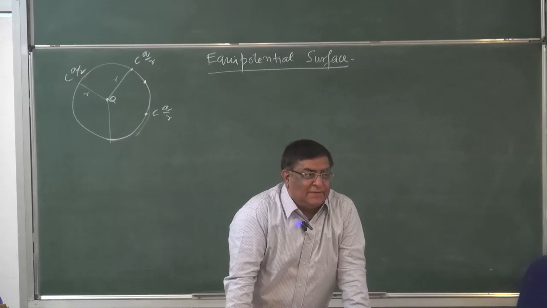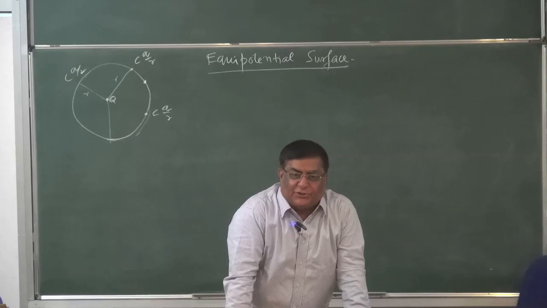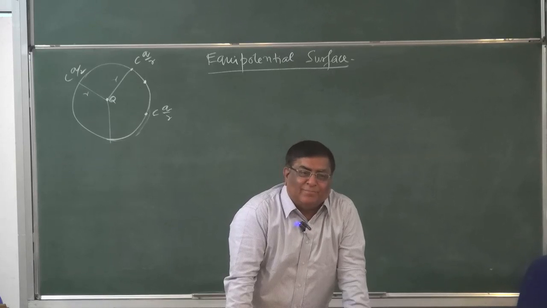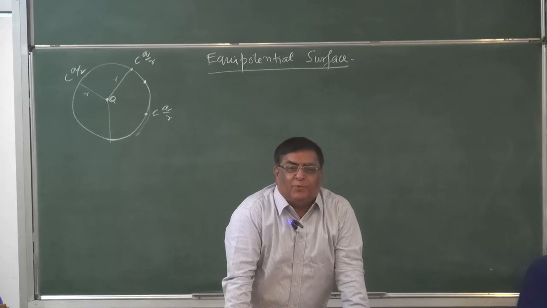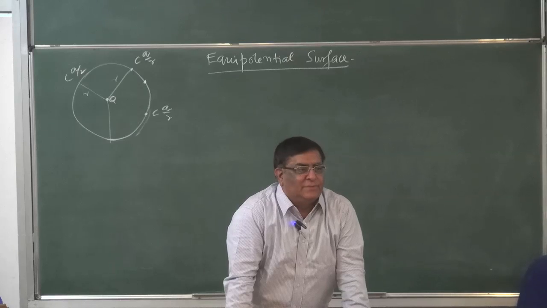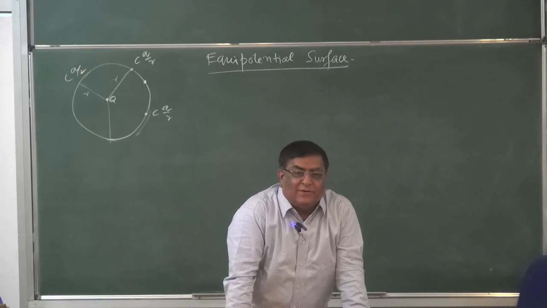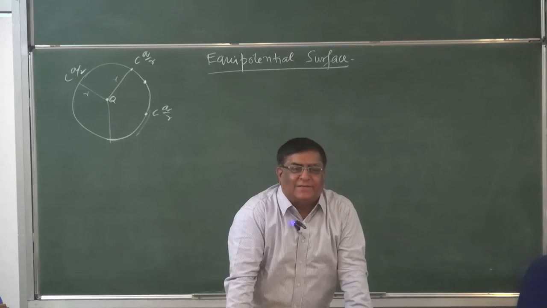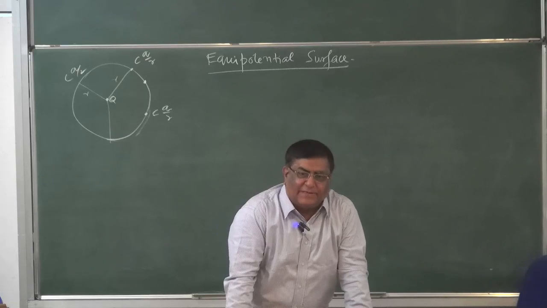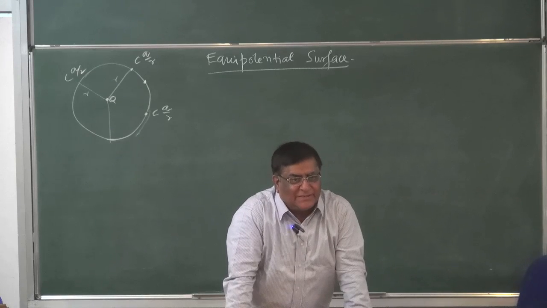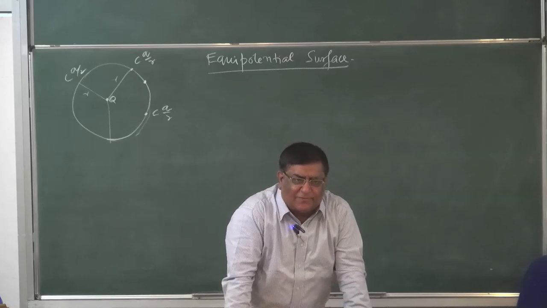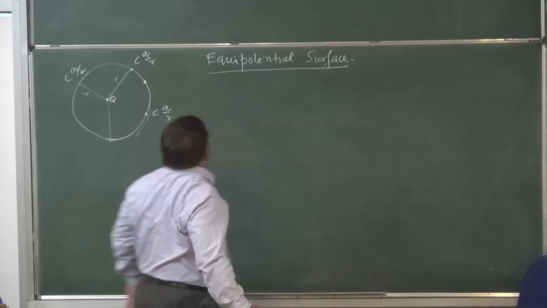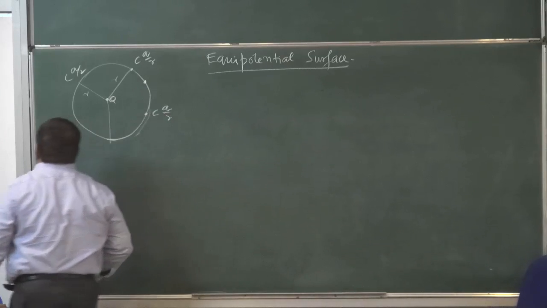This surface, on every point of which the potential is the same, is known as an equipotential surface. Any surface on which at every point the potential is the same is known as an equipotential surface. This may be a real surface, this may be an imaginary surface. Okay, so we will write it: equipotential surface.